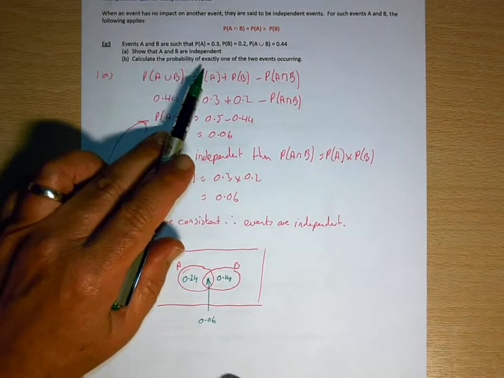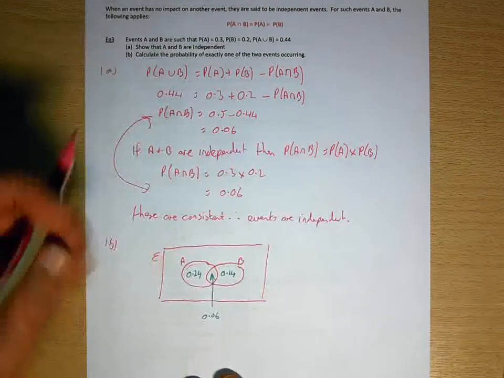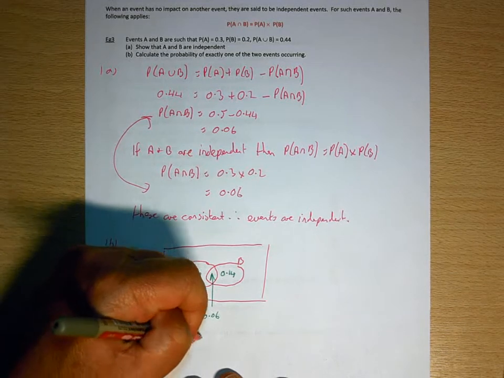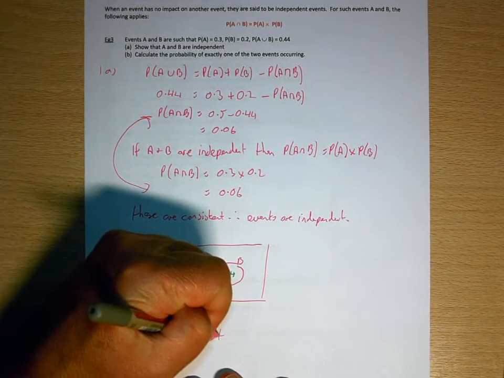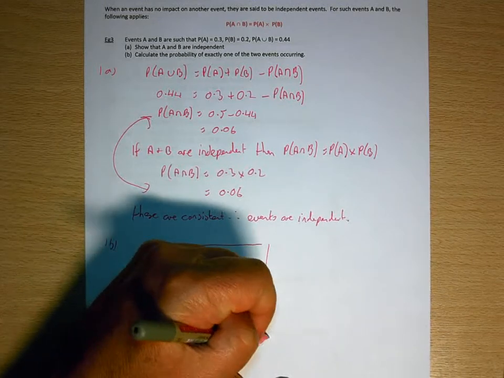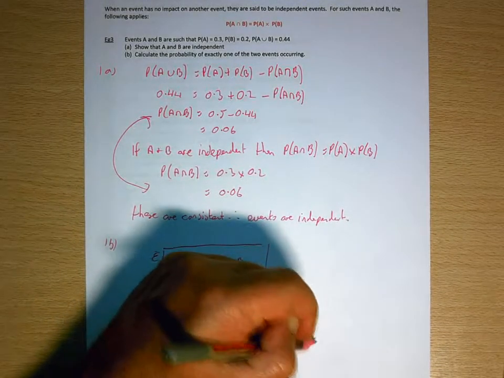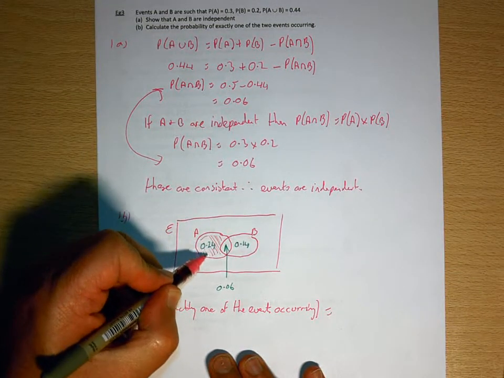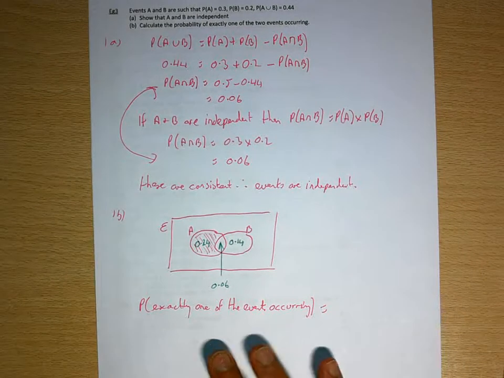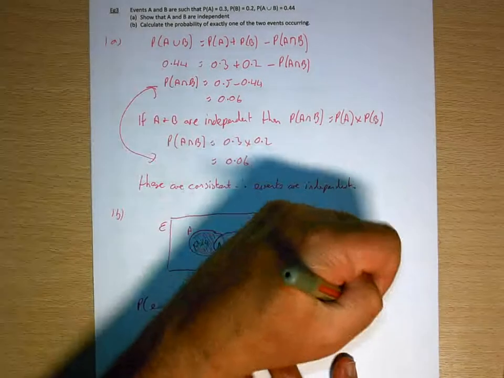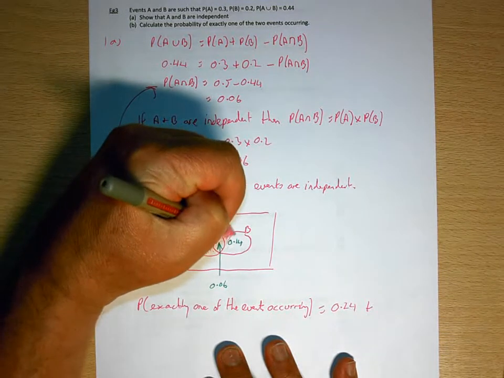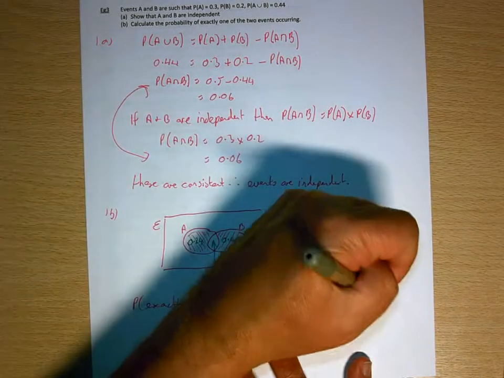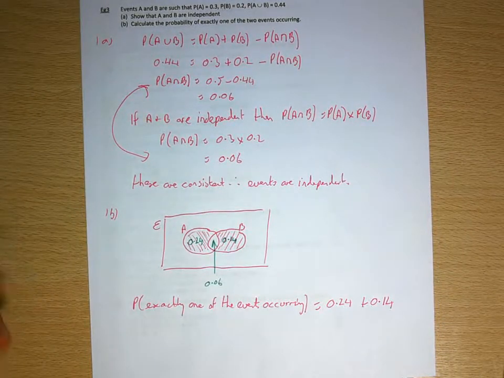Now, the probability of exactly one of those two events occurring will be this region, that's A occurring, or that region, which is the chances of only B occurring.